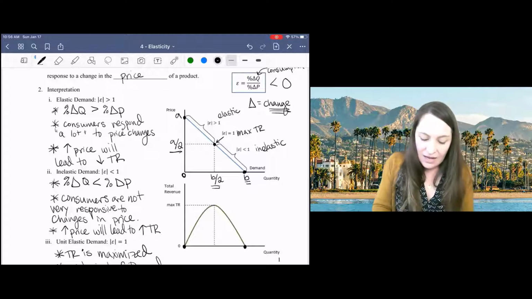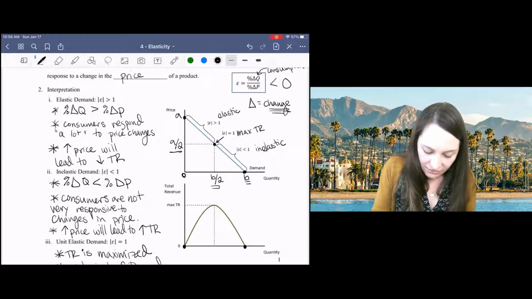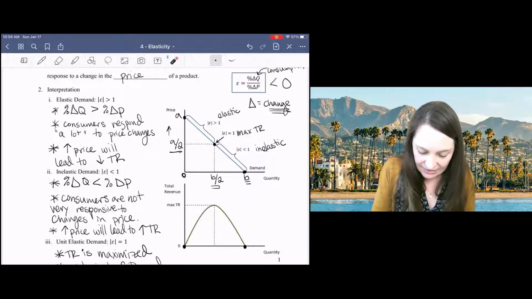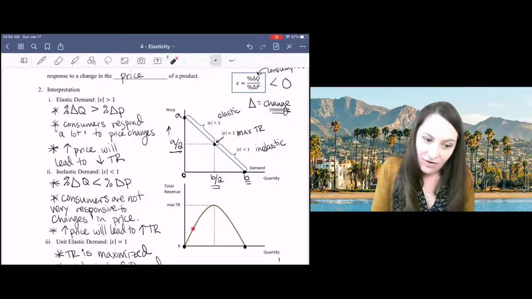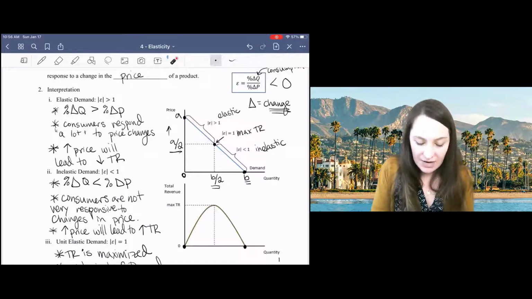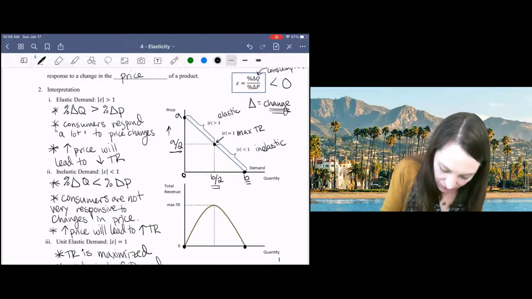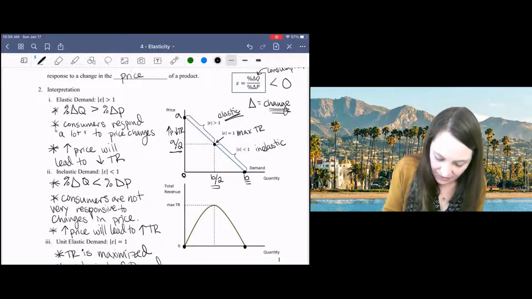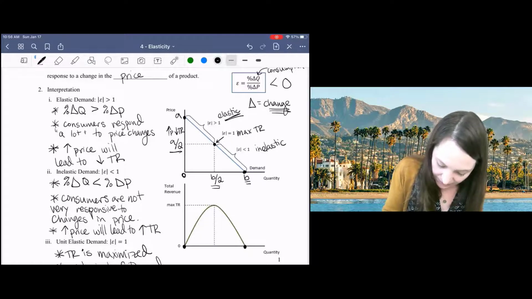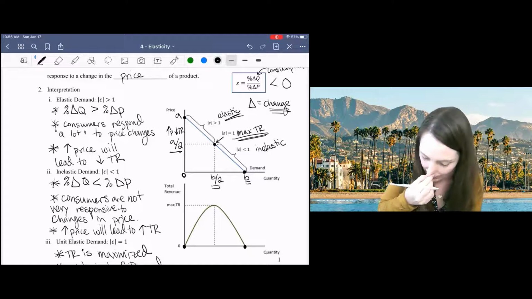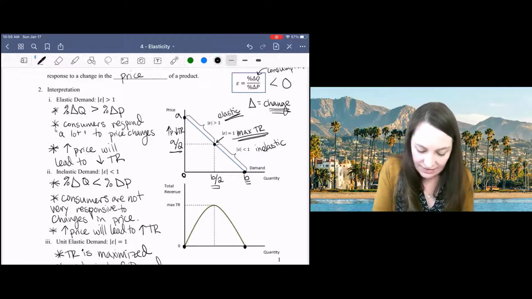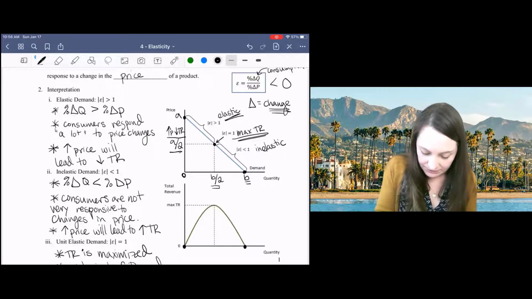And you can see that if we have an increase in price along the elastic portion of the demand curve, we're moving away from the maximum total revenue point. I know that total revenue will decrease. So on the elastic portion of the demand curve, because I'm moving away from this maximum total revenue point as the price increases, total revenue goes down.